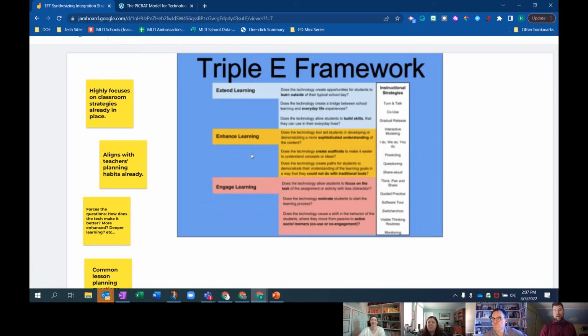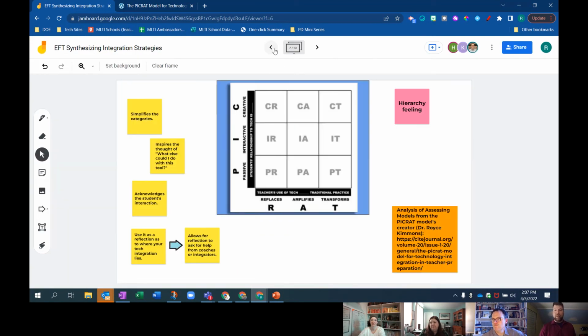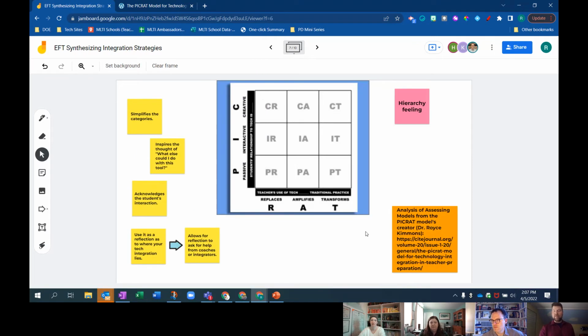For me, I've got to say, realistically, I would probably be blending between this PICRAT and the EEE framework for the most part. As Kate mentioned, for planning and tech integration I would be using this EEE as I'm planning my lessons. But I would probably also take a quick snapshot, if things aren't completely laid out, an overall impression of how I am using tech.